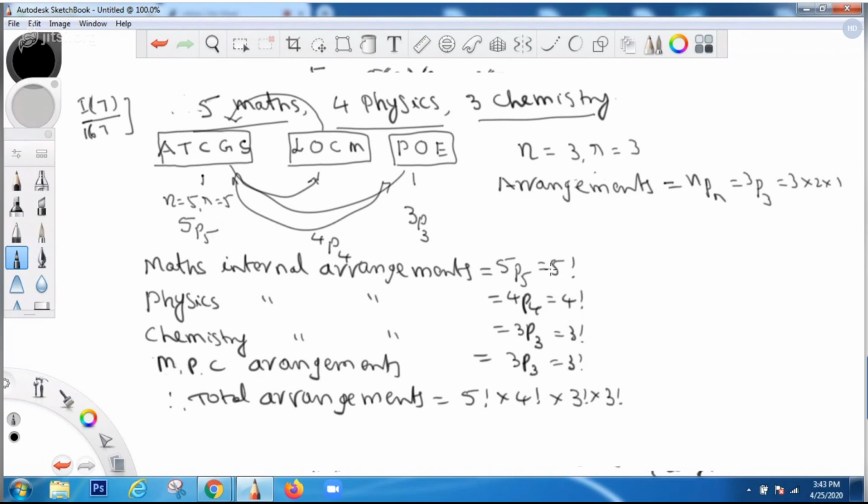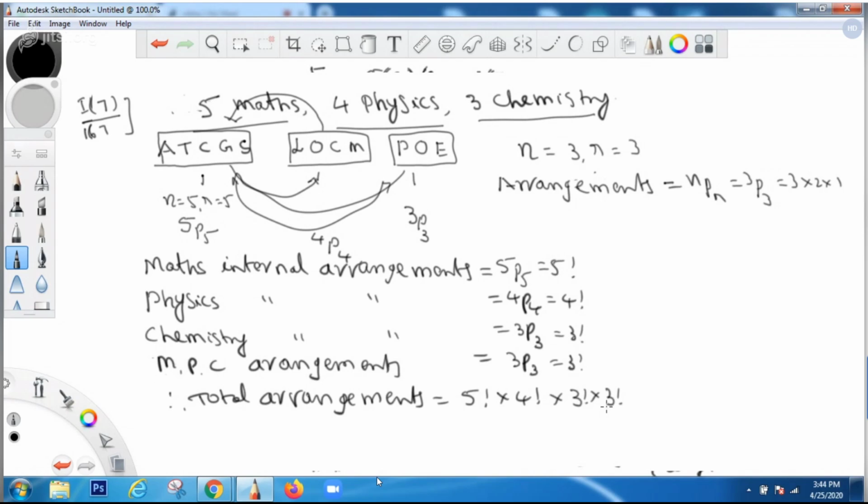First, you are arranging the maths books among themselves, and physics, and chemistry, and also the MPC arrangements. You have to do one after the other, all are possible, so you have to do this and this and this. That's why into will come.